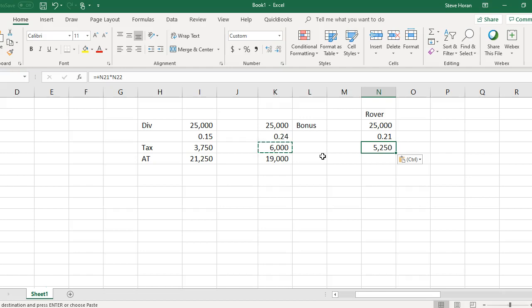But because this is just Alicia as the only owner, she should take a bonus because she does pay more tax on the personal side, but the corporation will save $5,250 of tax. And so she's okay doing that. So she definitely should take this as a bonus as opposed to a dividend, because remember, corporations, when they pay dividends, do not receive a tax break for that. And that's really the key with this particular question.